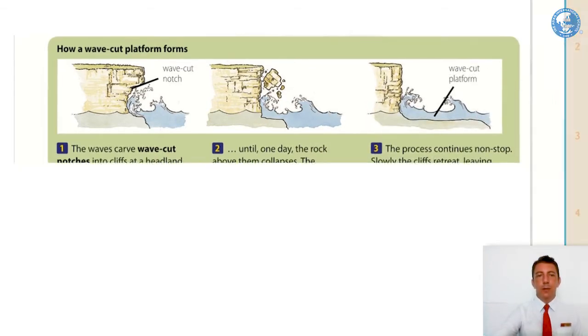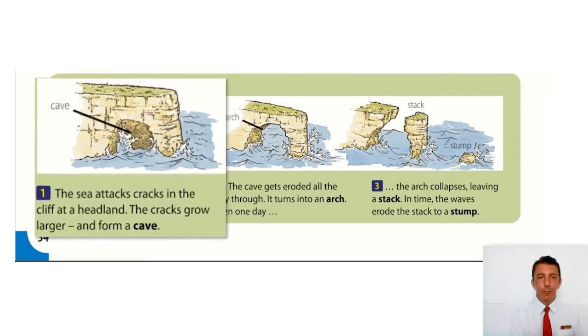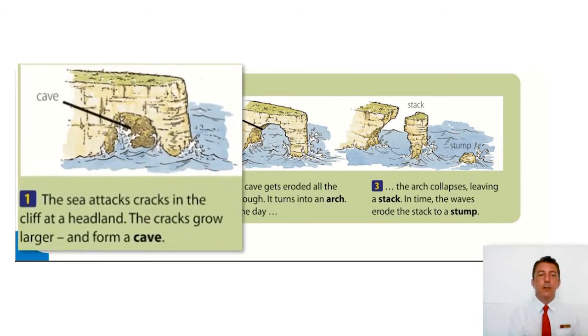The second landform we'll look at is cave, arch, and stack. Now these are all related landforms. Number one, they start out as cracks in the cliff at the headland. The cracks grow larger and in time will form a cave.